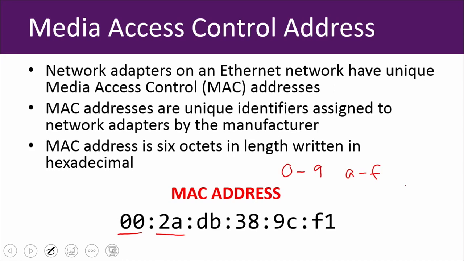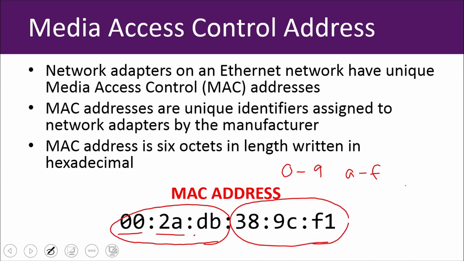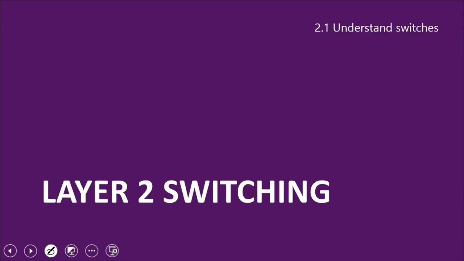Each pair of hexadecimal characters represents a byte, right? So that's 8 bits. But this first portion of a MAC address typically references the manufacturer, right? And then the second portion is going to be unique to the device. So, cool bit of information. And remember that sometimes we'll call MAC addresses physical addresses as well.